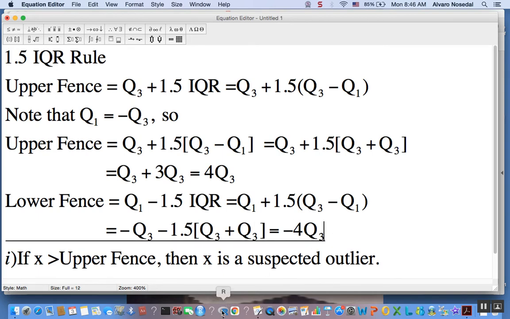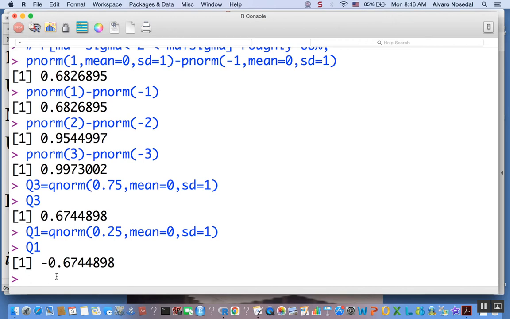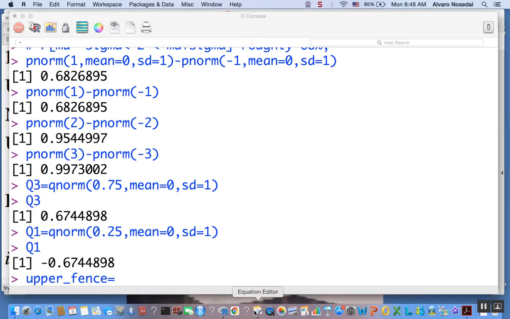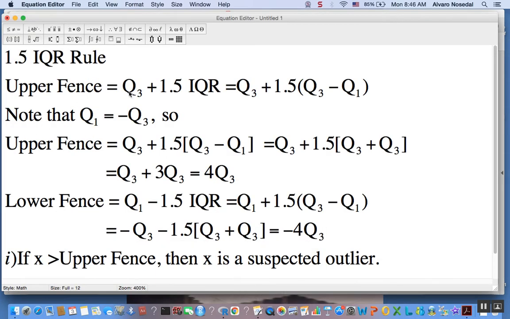So let's find what's the proportion of observations between the upper fence and the lower fence. Let me create an object called upper fence, which is, from what we did, Q3 plus 1.5 IQR, the same as 4 times Q3.